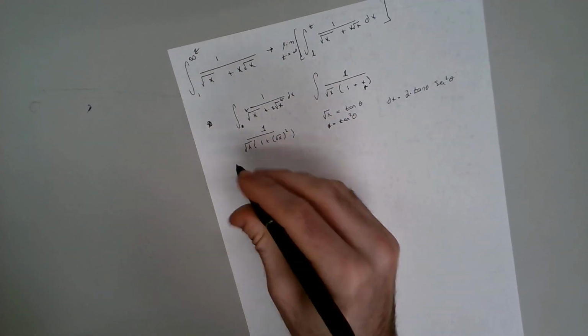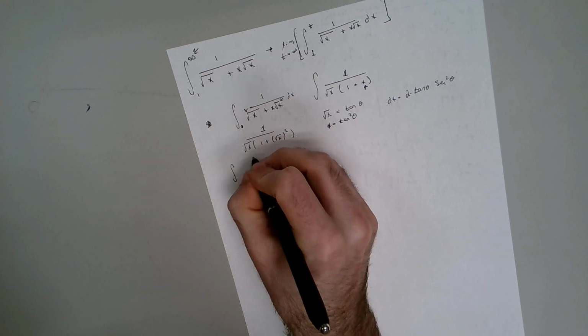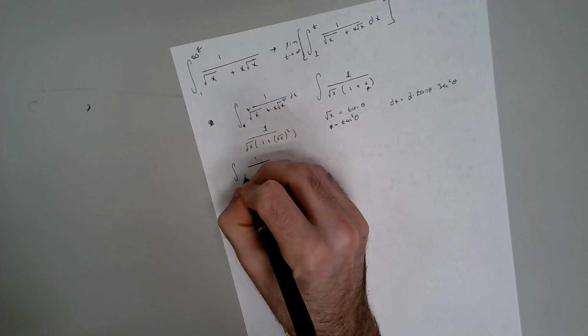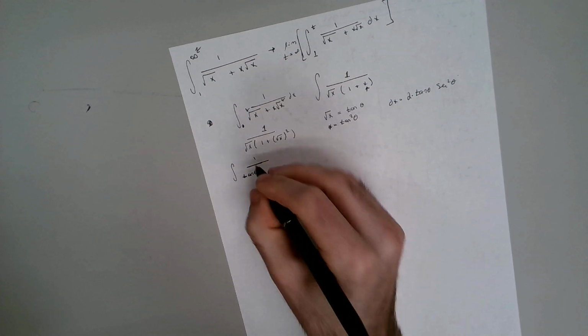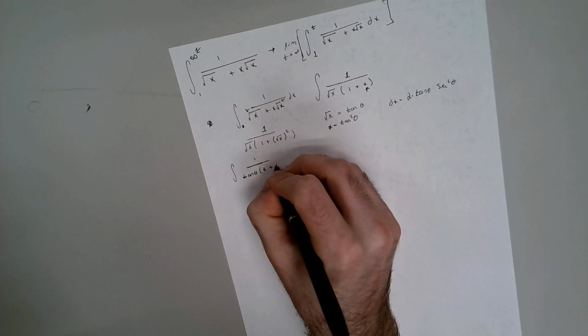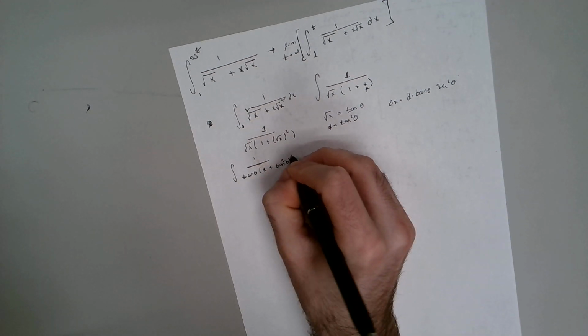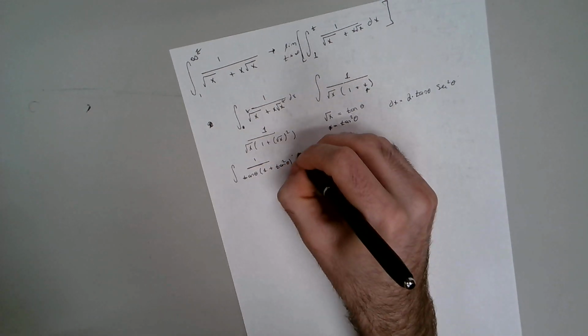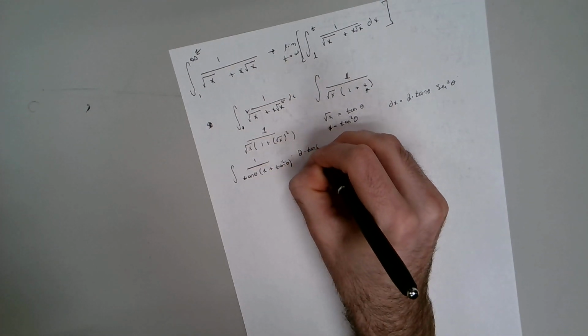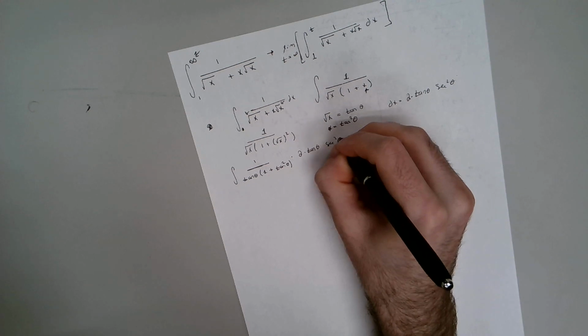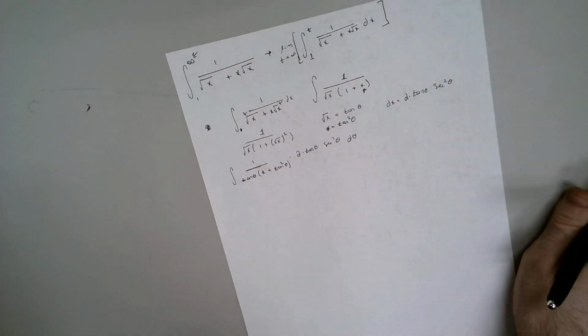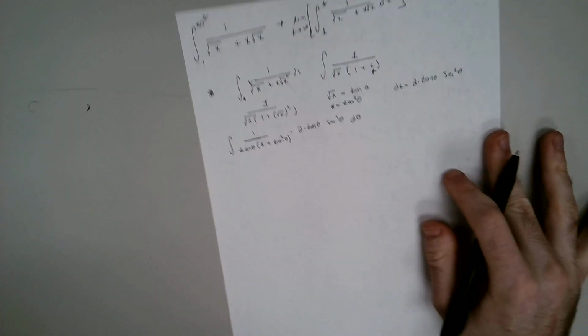So if we do that, we're going to get an integral of 1 over tangent theta, times 1 plus tangent theta squared, times 2 times tangent theta secant squared theta d theta.